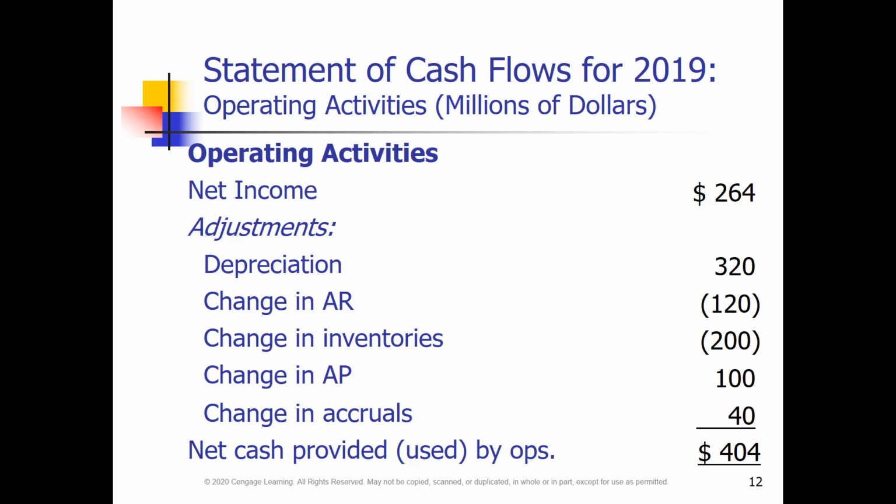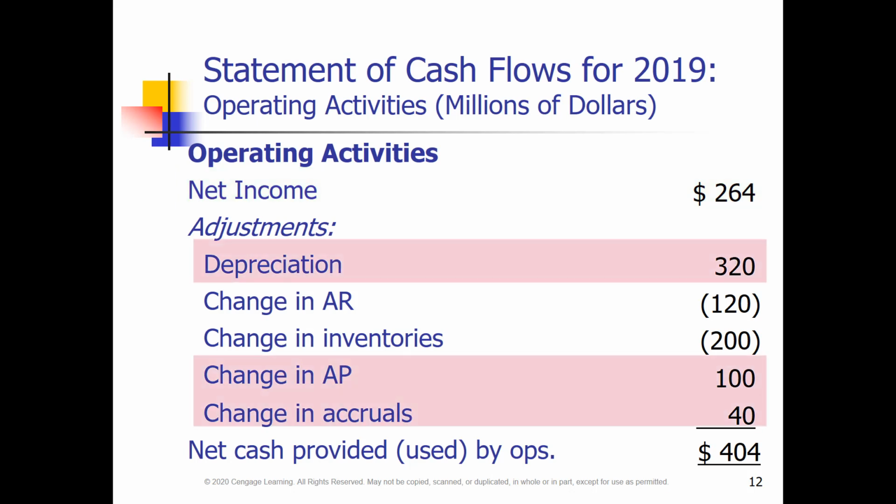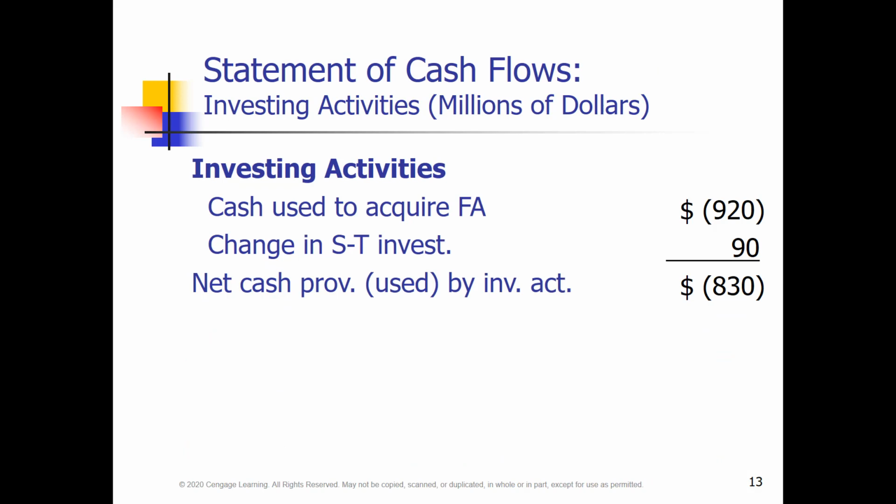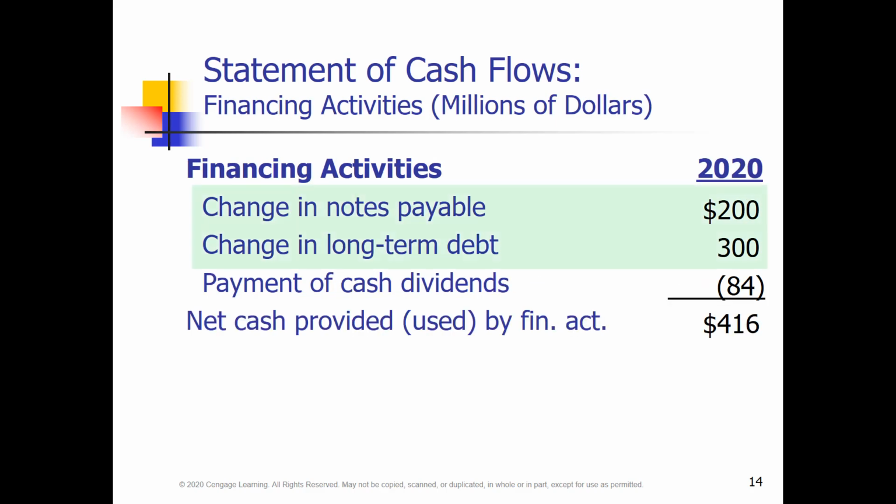This is the section on operating activities. It begins with net income and adds sources of cash, depreciation, accounts payable, accruals, and it subtracts uses of cash, accounts receivable, and inventories. Since Computron expanded significantly, it's no surprise that they spent a lot to acquire new fixed assets. To finance the expansion, they issued notes payable and new long-term debt.